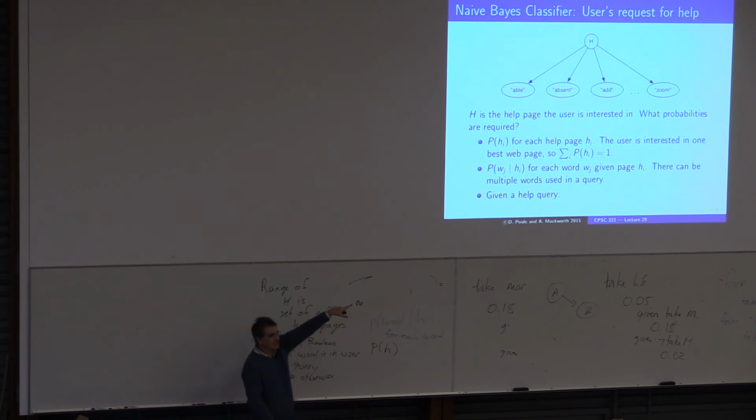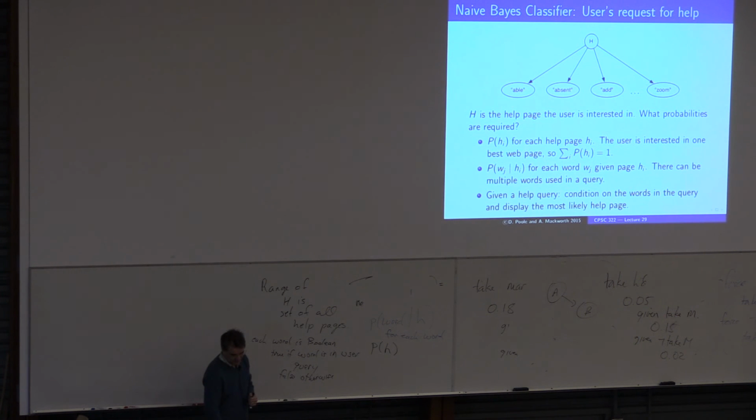Well, no, here we just assume we have the whole words. Right, here we just observe the words. I'll give an example later on of how predictive word typing works, but that's another simple thing. But at the moment, we're just typing in words, and you condition on the words that these users used. So we condition on the words in the query, and it displays the most likely help page.